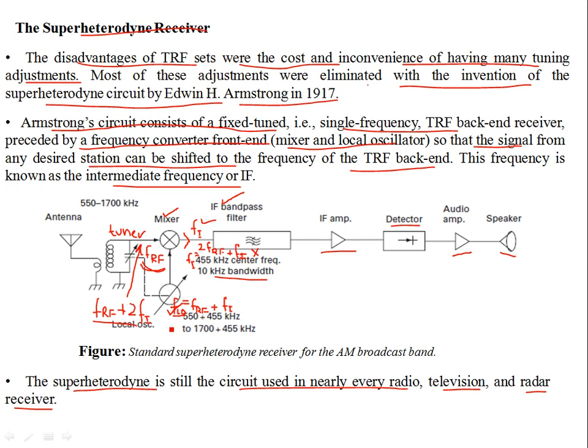Do you understand that? You see, this FRF is going to cancel, and then the difference is again Fi. So that means for FRF plus 2 Fi and FRF, these two different frequencies, the intermediate frequency is the same. If the intermediate frequency is the same, then the demodulation or detection is going to give you a different audio, because the two frequencies are not the same, but they have been picked up by the receiver in the same IF stage.